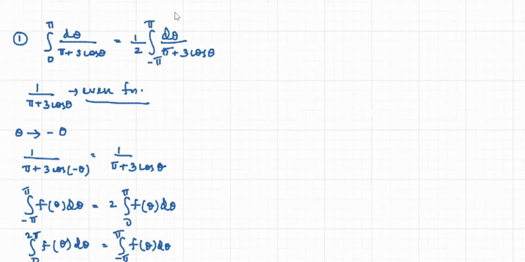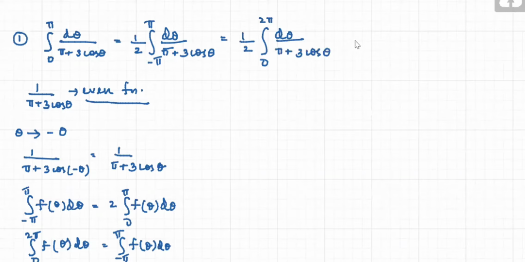Now we will be evaluating this integral because minus pi to pi integral is same as 1 by 2 integral 0 to 2 pi d theta by pi plus 3 cos theta. From the previous lecture, we know how to evaluate this integral 0 to 2 pi d theta by pi plus 3 cos theta. So we are going to evaluate that.